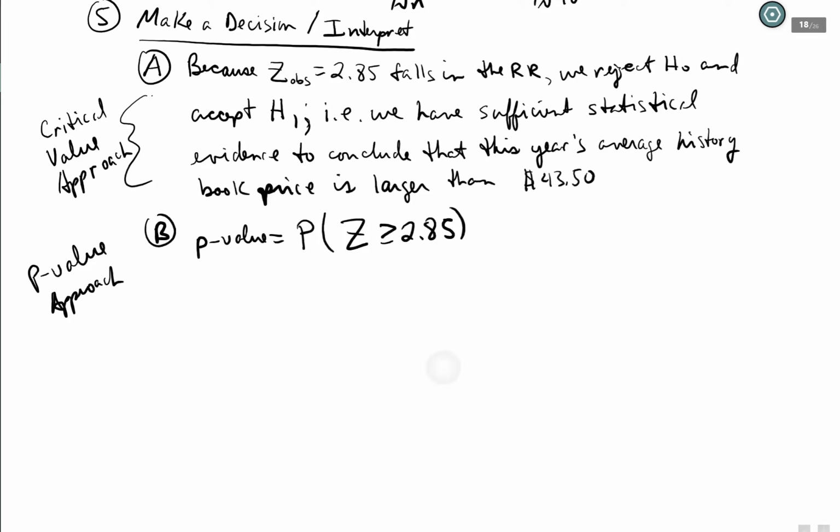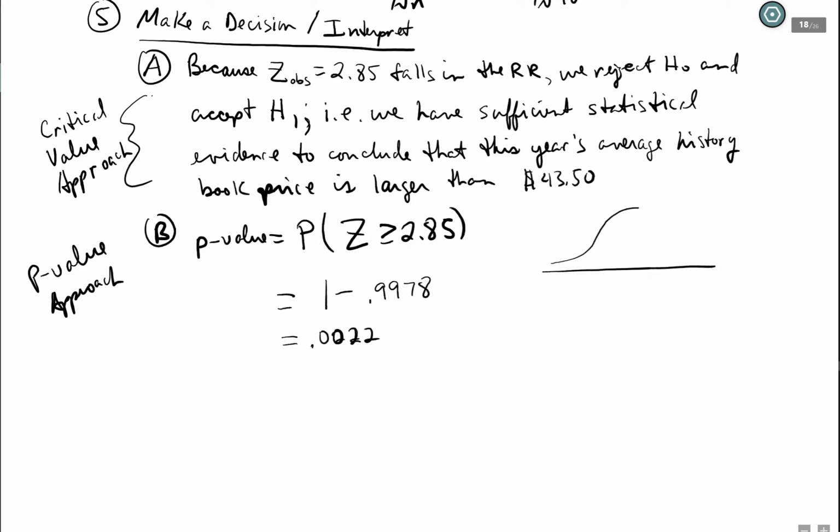And so what you would do is use your normal distribution table and find the cumulative probability up to 2.85, and you would get 0.9978 there, and that would give 0.0022. Okay, so if you want a picture of what I'm doing here, this over here is 2.85.